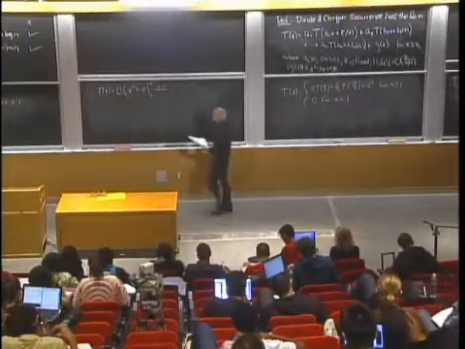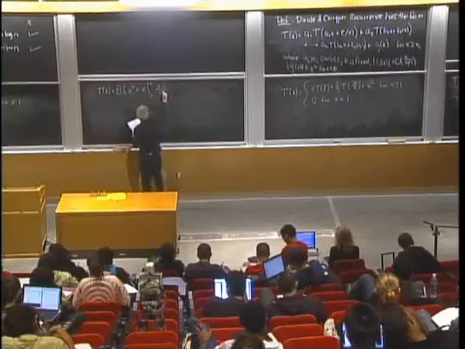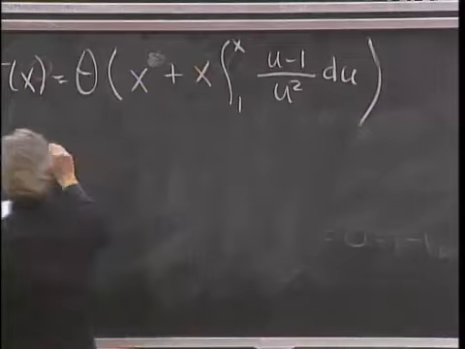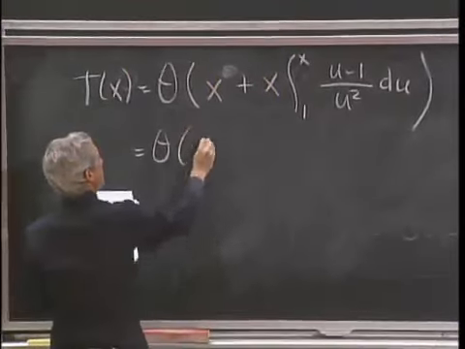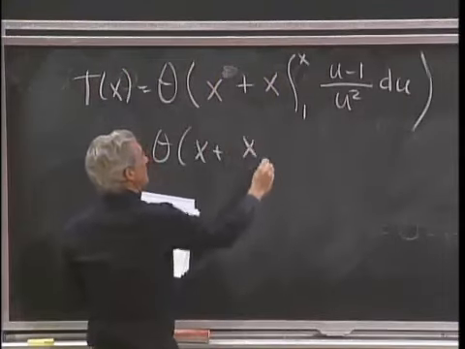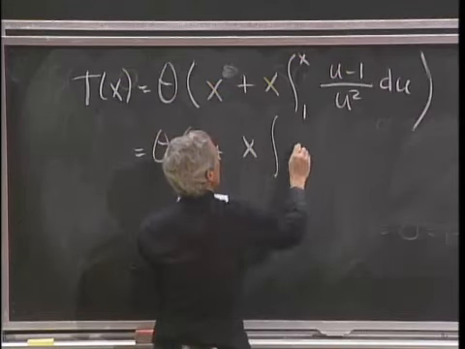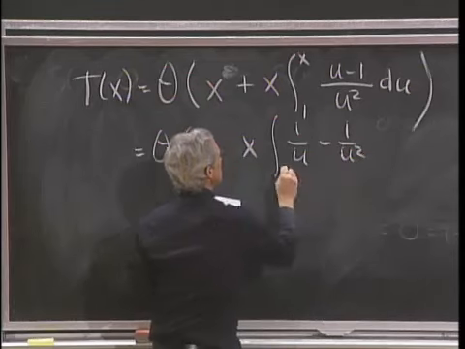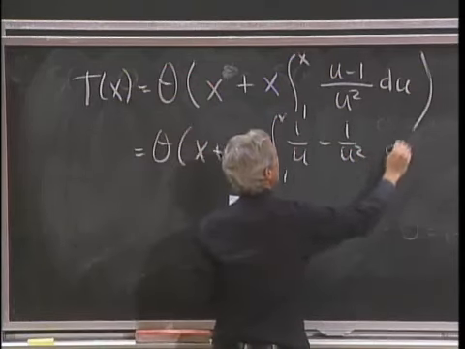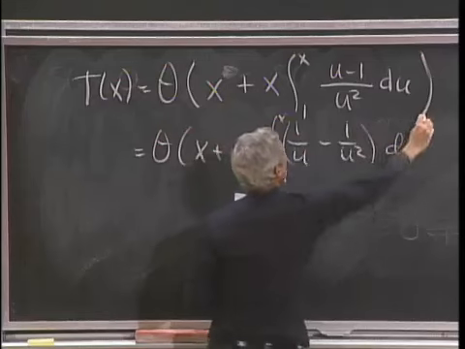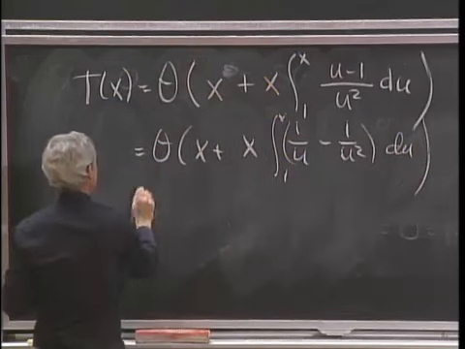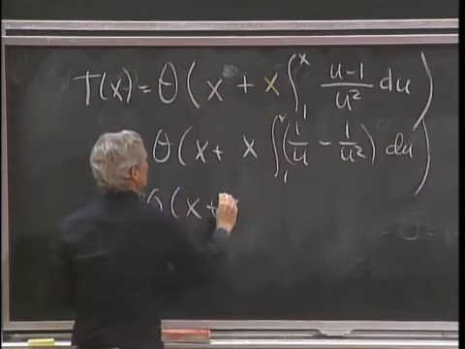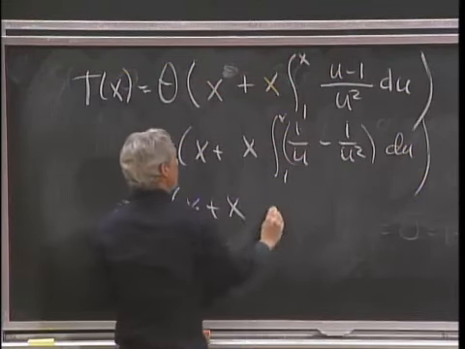All right, so u to the p plus 1 is u squared, du. So this is theta of x plus x times the integral of 1 over u minus 1 over u squared. The integral of 1 over u is the log of u.